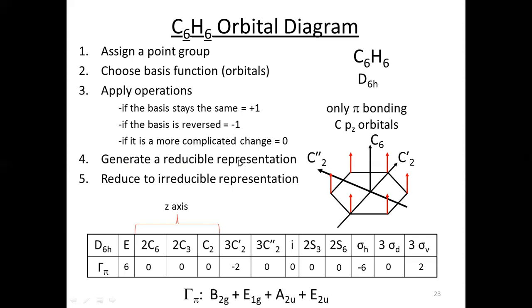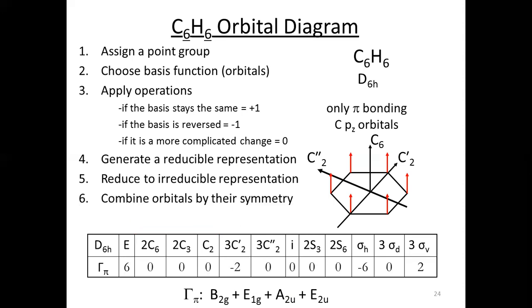So just by using that method, we can convert very easily this reducible into the irreducible representation. So for the benzene molecule, where the basis is your pi orbitals, our reducible representation is B2g plus E1g plus A2u plus E2u.